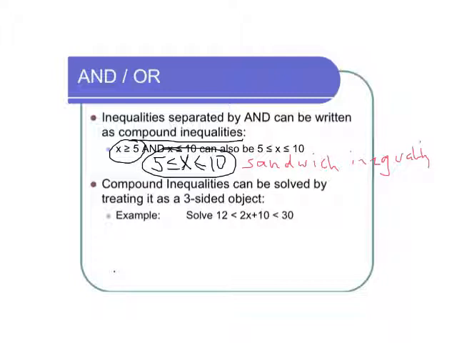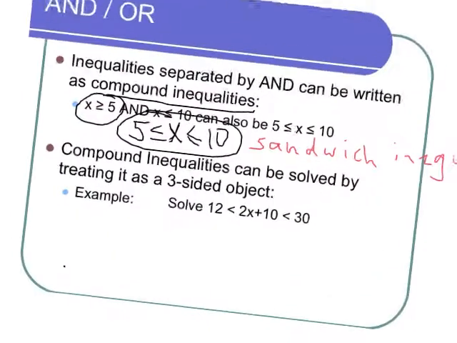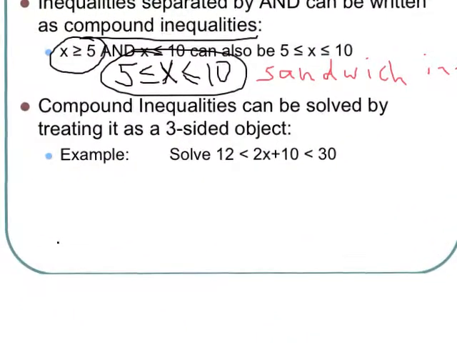Now, when you have a compound inequality or a sandwich inequality like that, I like working with these things. I feel like I'm being really efficient when I'm working with them, because you can solve a compound inequality like that by doing moves on it. And you treat this three-sided thing just like you would a two-sided thing, but with 3 sides.